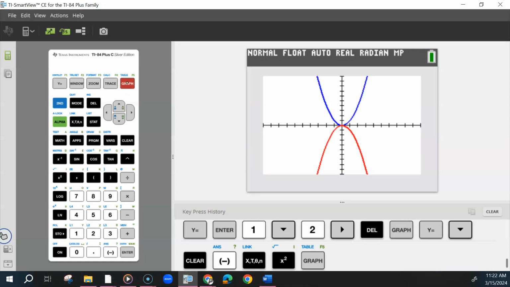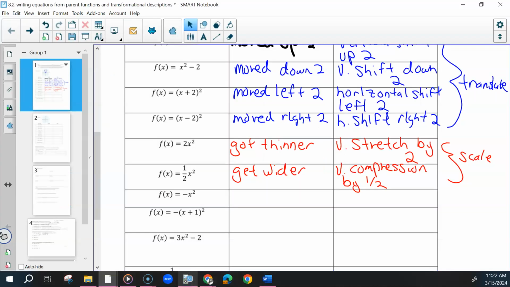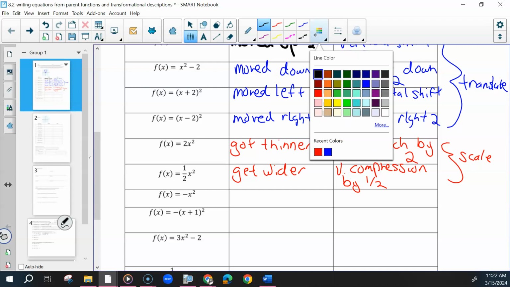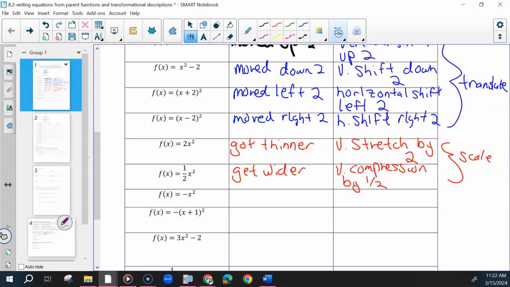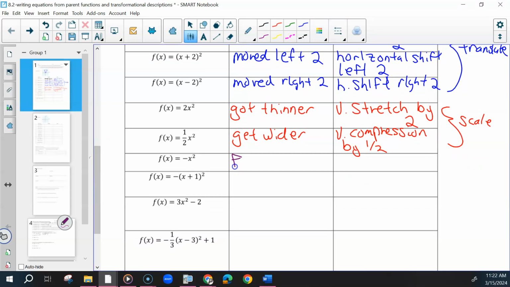It flips. So we can say it flips upside down. This is called a reflection.